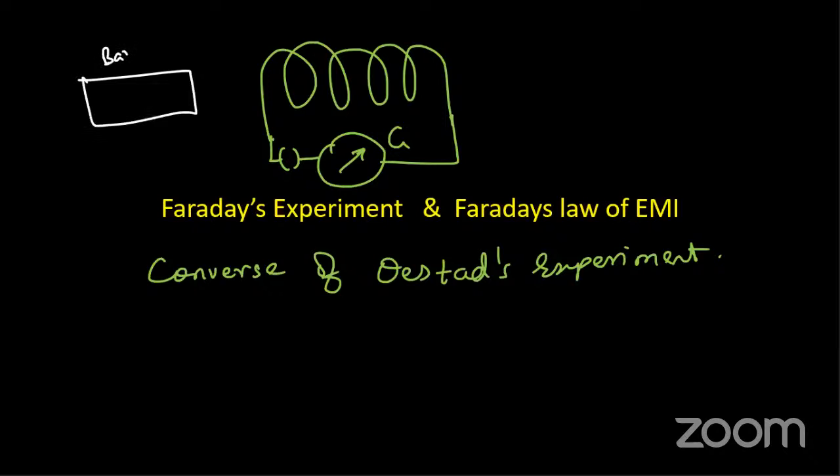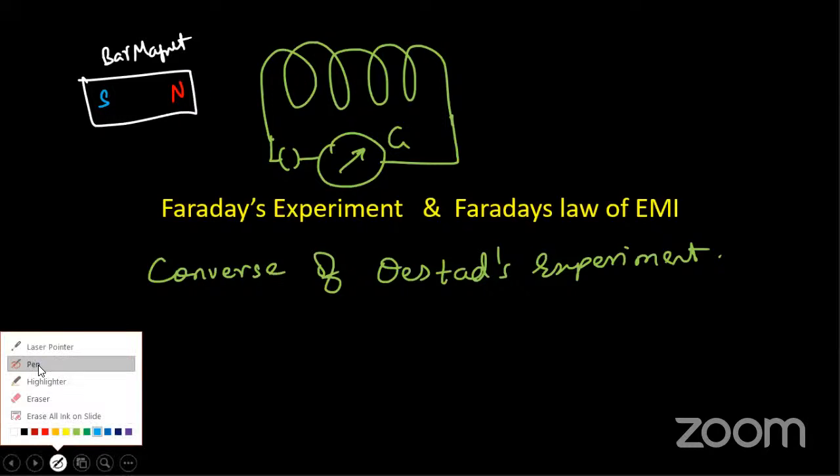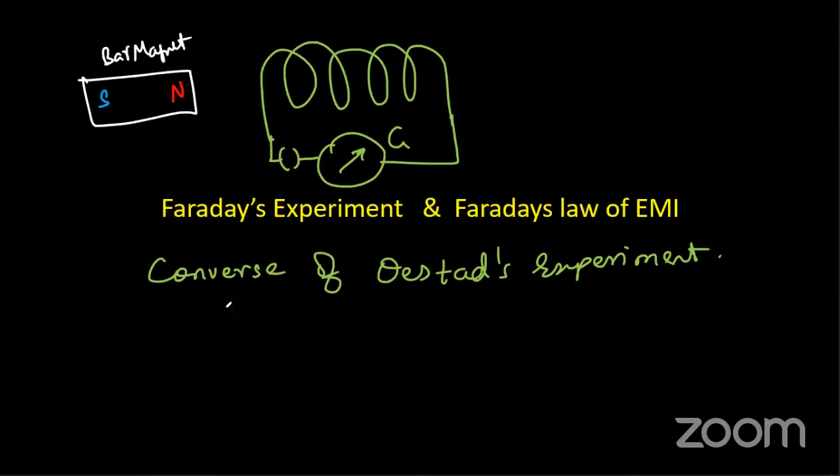So there is a bar magnet, with North Pole and South Pole. Earlier, in Oersted's experiment, we said that whenever there is current in a conductor, there exists a stationary magnetic field.